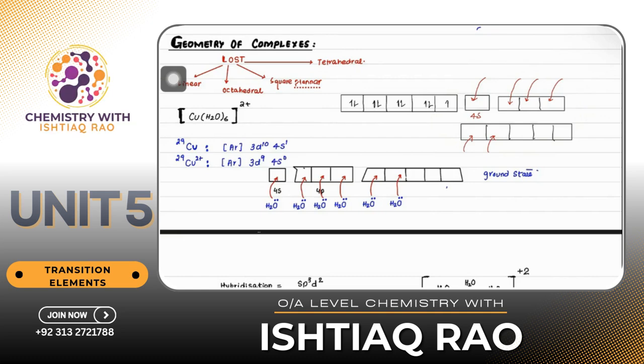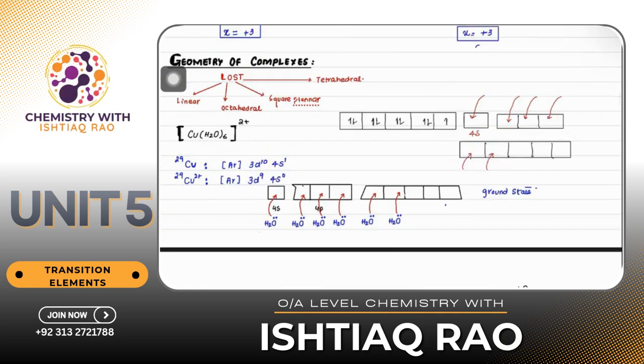So that's why we would say that since we have six water ligands, water molecules, the geometry of the complex is going to be an octahedral complex. And afterwards we may have ammonia as well.